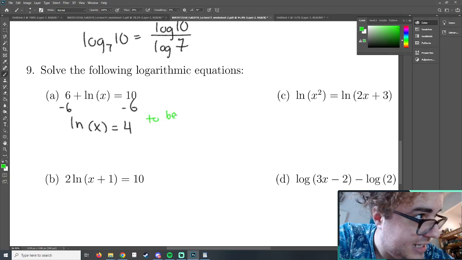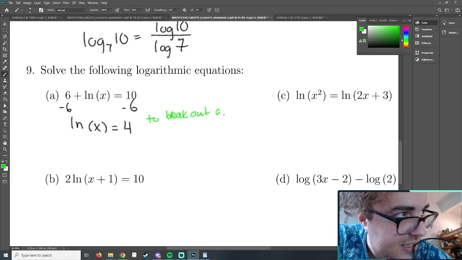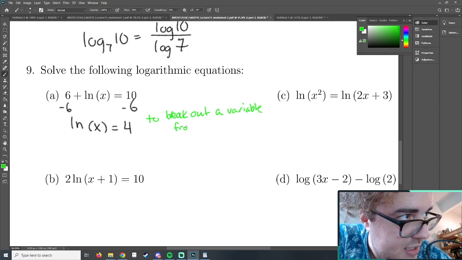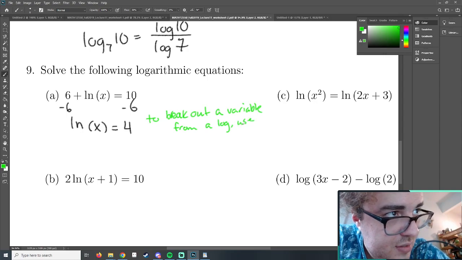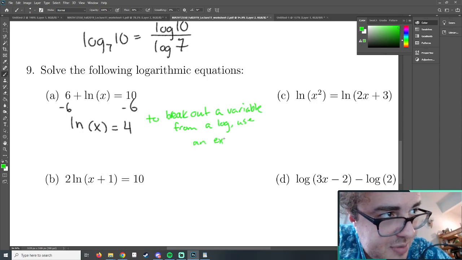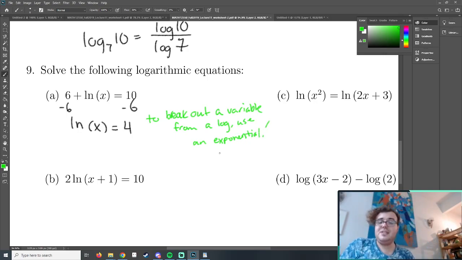To break out a variable from a logarithm, use an exponent, or use an exponential. What I mean here is, there is something that you may not have seen us do in the past, but that we are allowed to do.